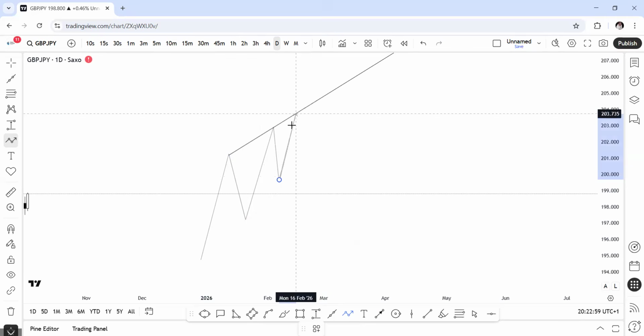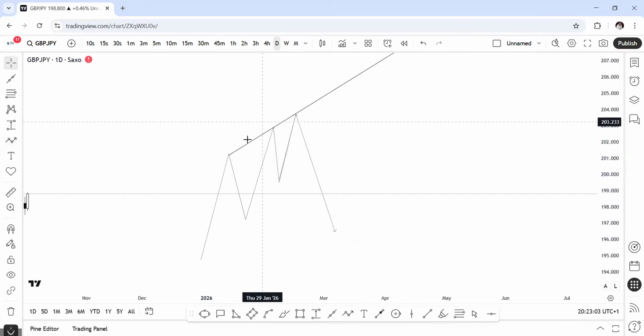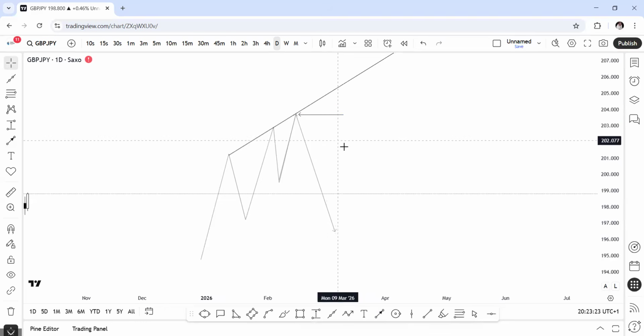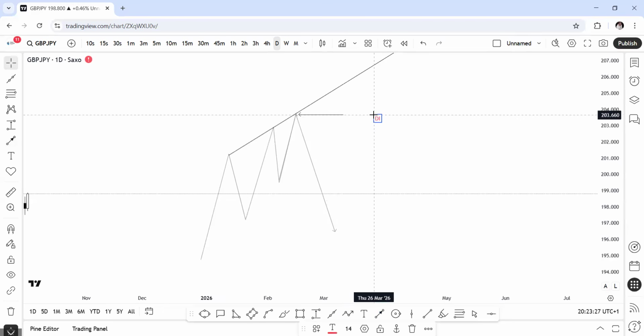So you can see the angle of the trend line is pointing upward while the price is trending downward. This is what we call a divergence. They both diverge away from each other. That's what we call a divergence trend line.